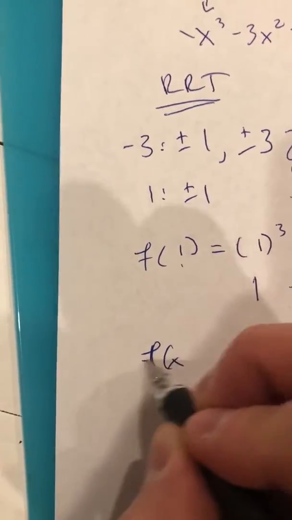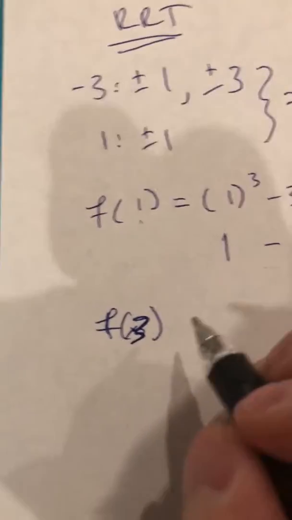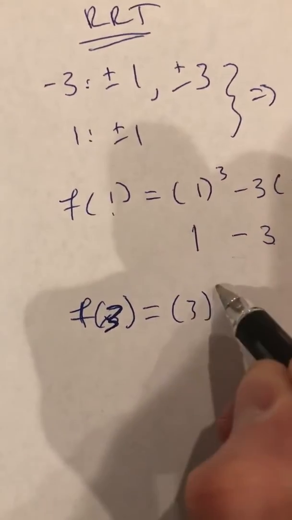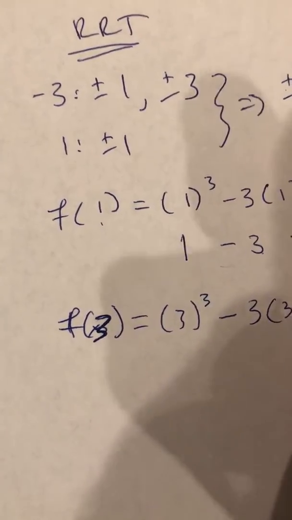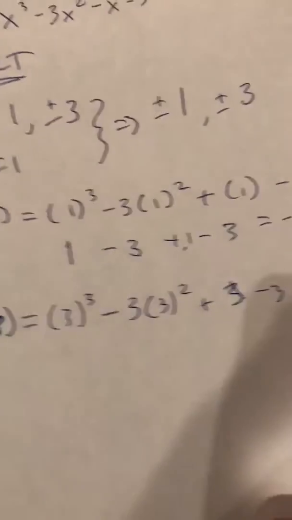Let's try our other positive root, 3. So we're going to do f of 3. So I've got 3 to the third power minus 3 times 3 squared plus 3 minus 3.